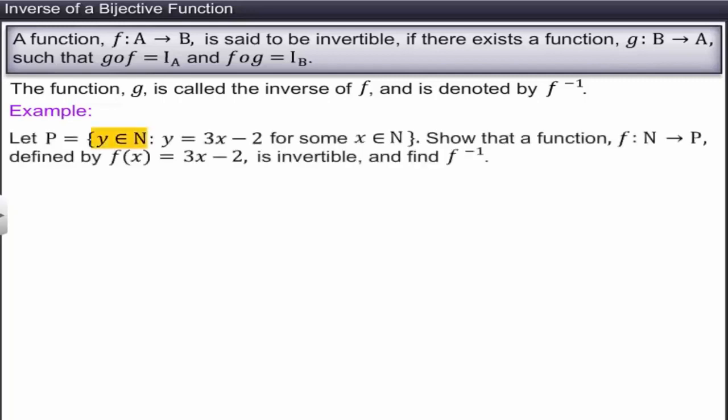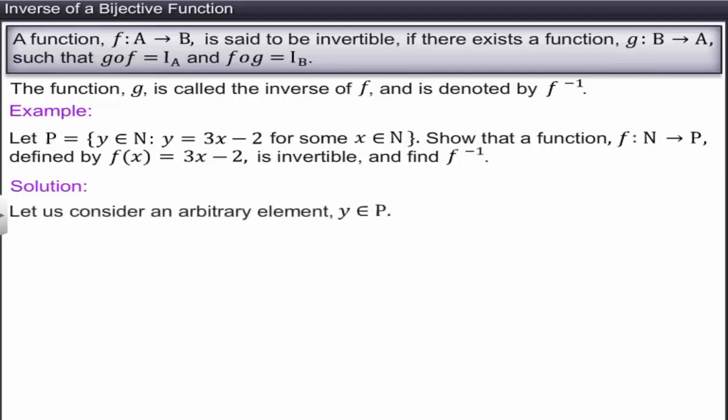Let P be the set of all y such that y is a natural number and is equal to 3x minus 2. Let's show that a function f from N to P, defined by f of x equal to 3x minus 2, is invertible, and let's also find its inverse.